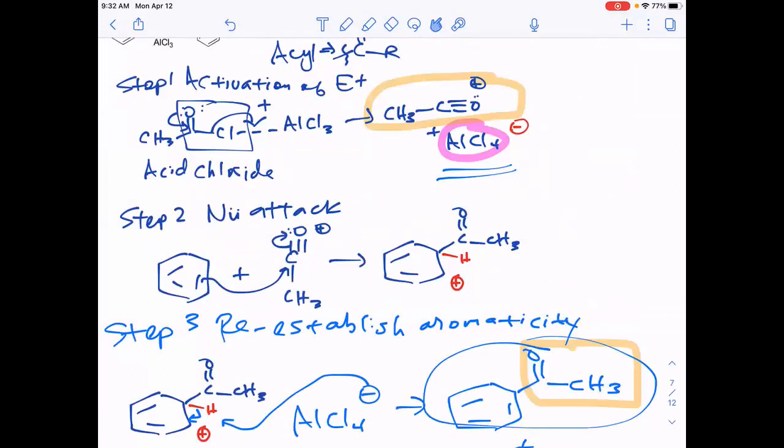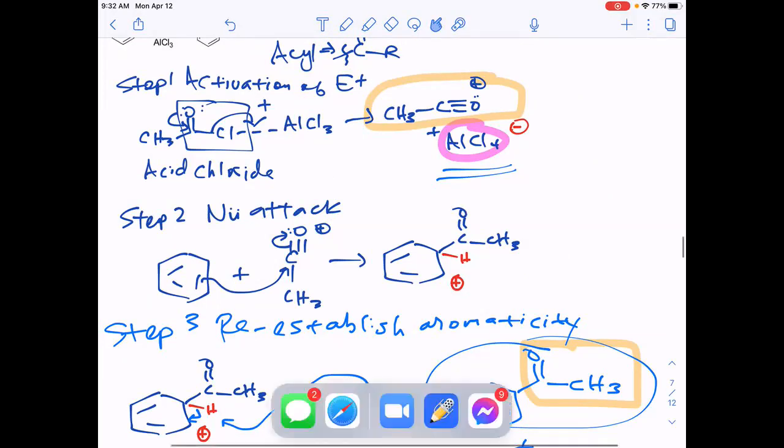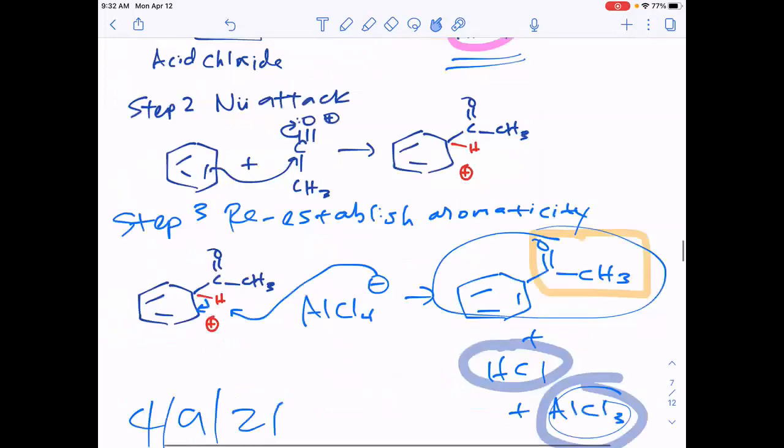But at the end, you always regenerate your catalyst, and in this case it's regenerated through proton transfer to that anion, so one of those chlorines ends up with that proton and becomes HCl, and you get AlCl3 back.